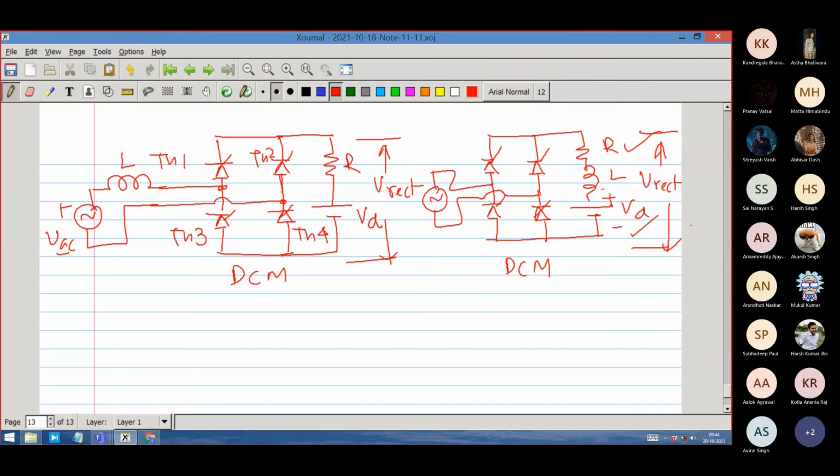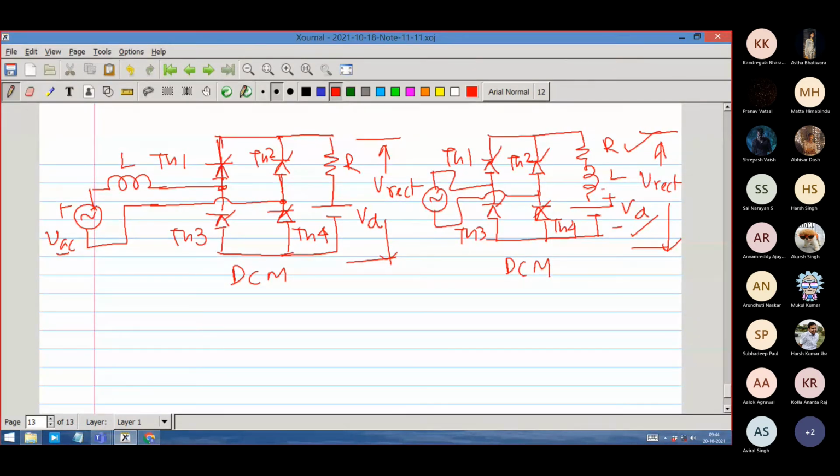Just think that the same value of inductor has been put on the input side. AC supply system is the same, frequency is the same, firing angle is the same. So will it be different or not? In what way will it be different? I think it will be different.